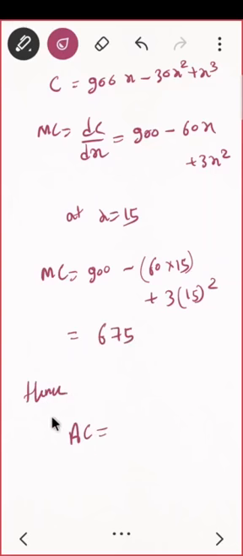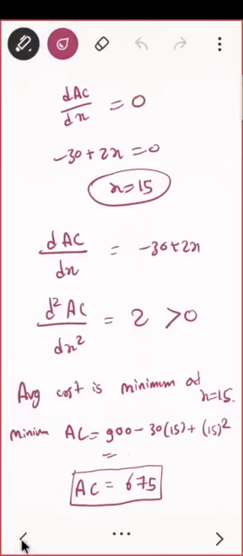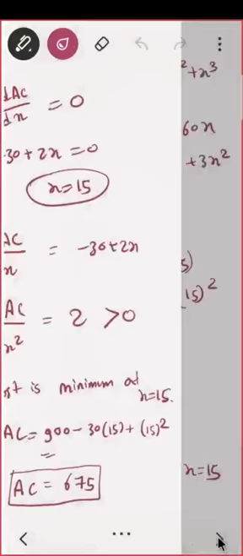So what is the conclusion? Hence AC equal to MC at x equal to 15. Agreed? Nice. Let us do one more problem, then we can stop. That is seventh one. And I'll give some homework for you as usual.